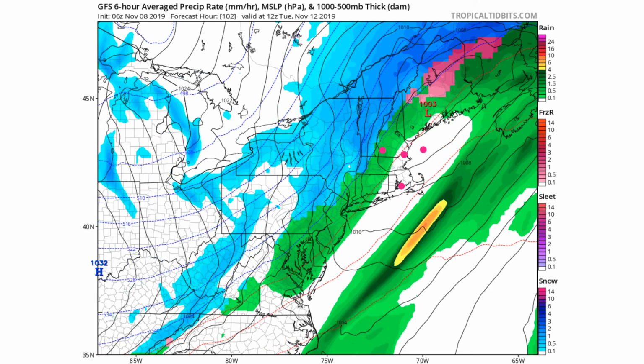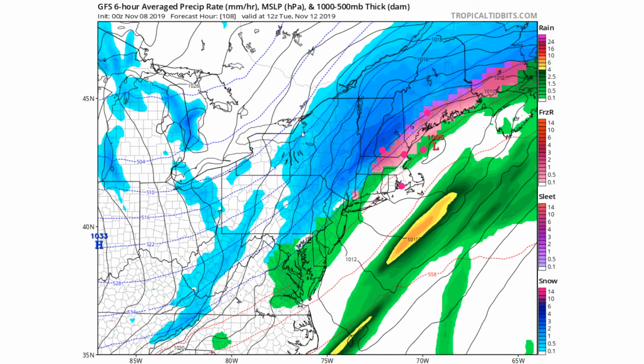Here's the 6th model run down. You see a lot of discrepancies here from the GFS model, and it's showing either a weaker or a stronger low pressure. So you see it's really noticeable how the low pressure has generally been in the same area, but there's been some tweaks to where the low pressure actually was located.